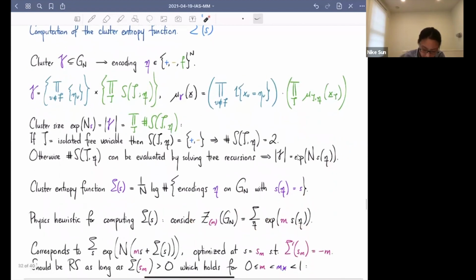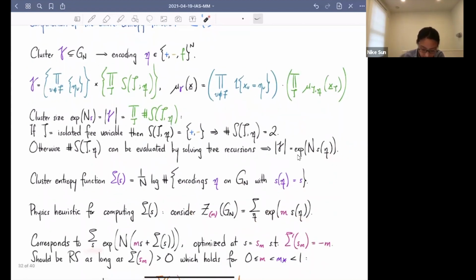If you know sigma, this corresponds to summing over all of the cluster sizes, with the number of clusters of that size, times the cluster size raised to the power m. We introduce this extra parameter m, and this will be optimized at the point s where sigma has derivative minus m rather than -1 as before.